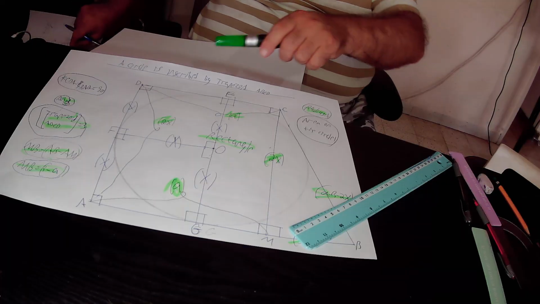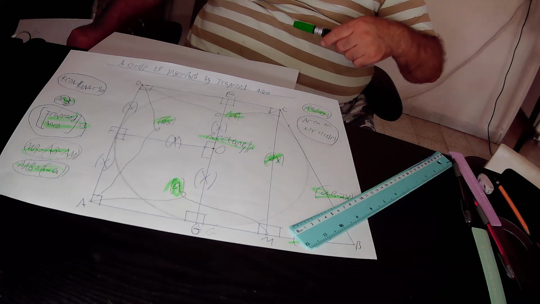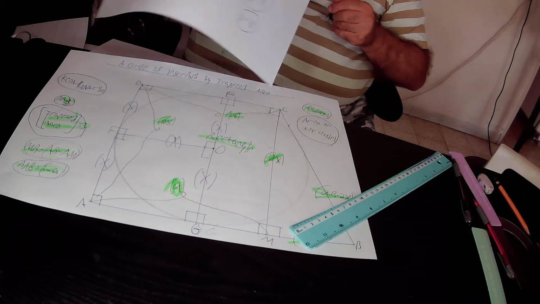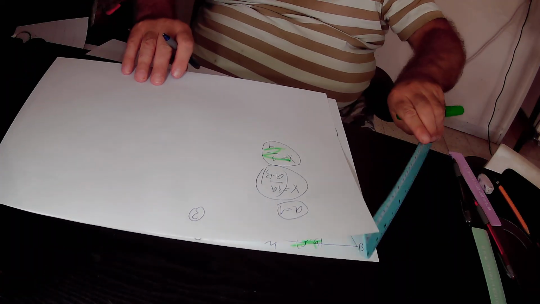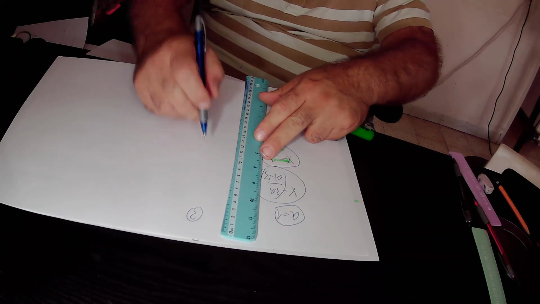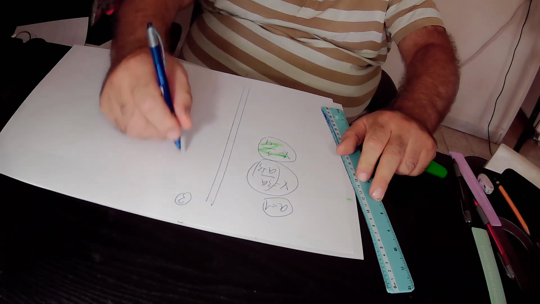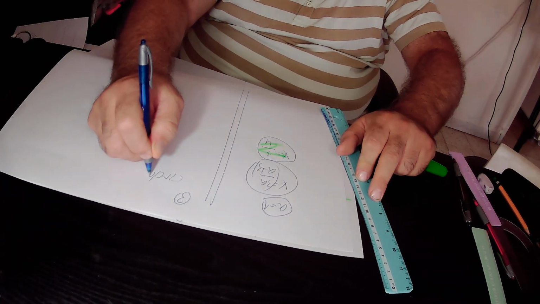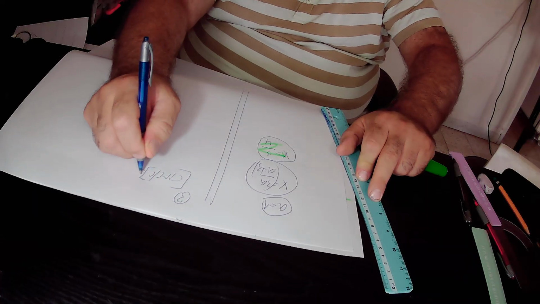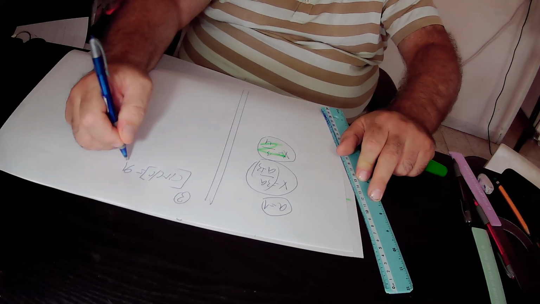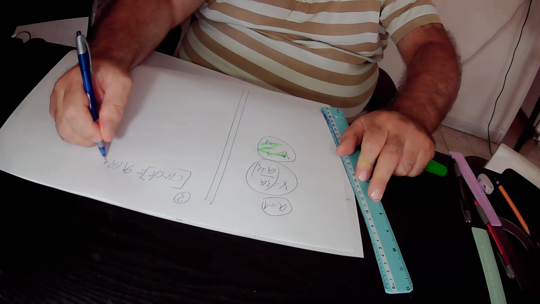Our task is to find the area of the circle. So what is the area of the circle? We know that the area of any circle equals pi times the radius of the circle squared.